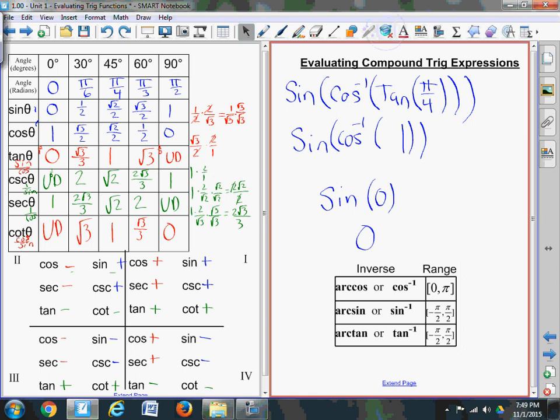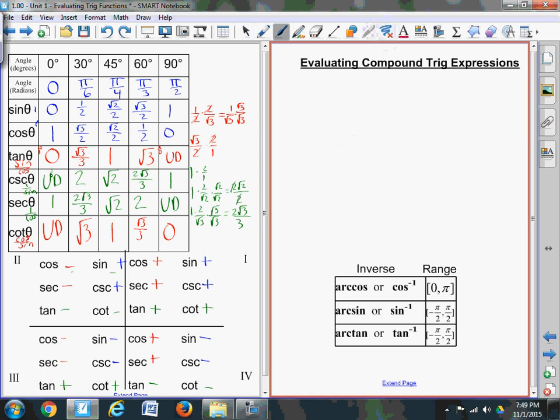All right, we can do it in similar fashion. We could have the inverse starting it. So inverse cosine of the sine of, I don't know, 11 pi over 6. So the sine of 11 pi over 6, well, 11 pi over 6 is in the fourth quadrant.